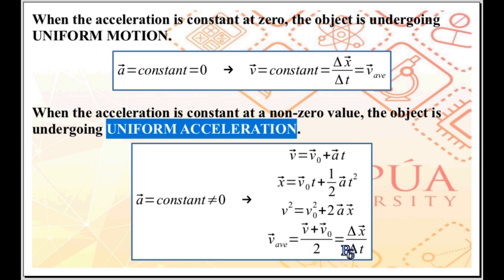V average is also equal to delta x over delta t, or simply x over t. V is final velocity, v naught is initial velocity, a is acceleration, t is change in time or elapsed time, and x is the displacement or delta x.